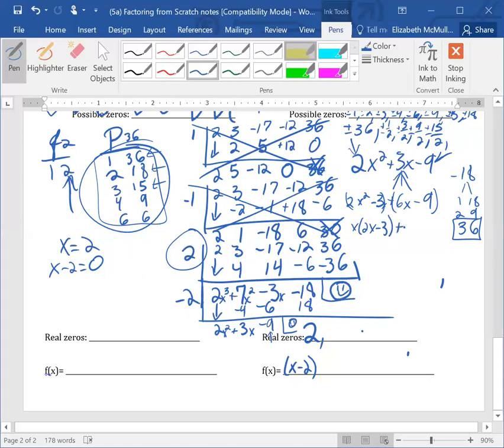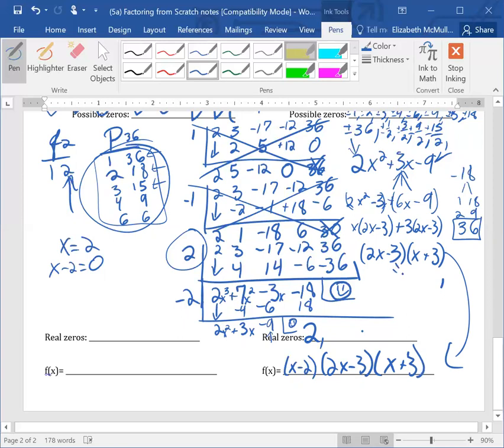Bring down my plus sign. 6x minus 9, well, I can factor 3 out of that. Leaves me with 2x minus 3. Factor out my greatest common factor. So 2x minus 3, x plus 3. Those are my other two factors. I'm going to write them down here. So 2x minus 3, x plus 3.